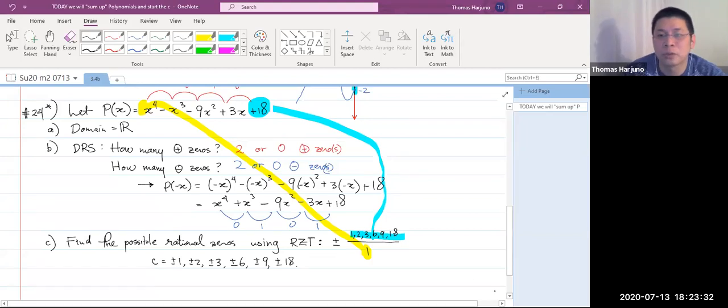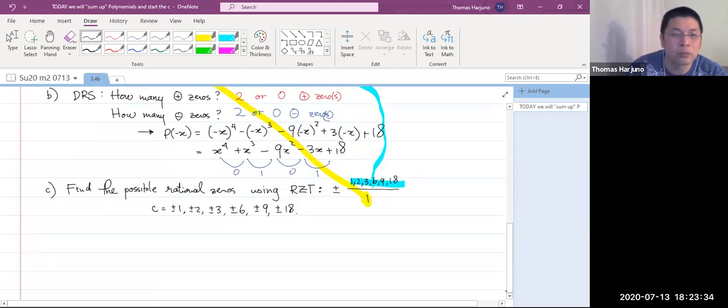Then the next step is to use that to find the zeros of P of x.